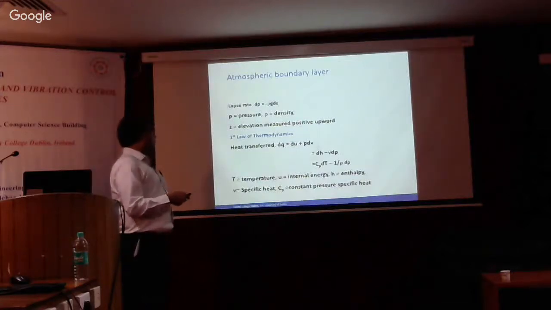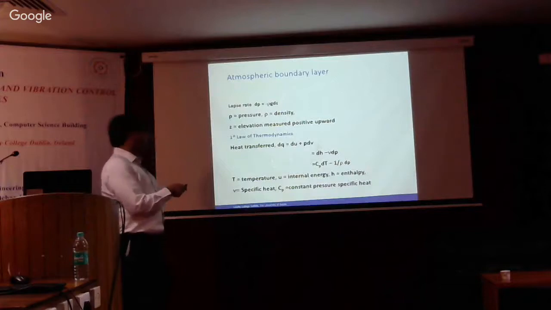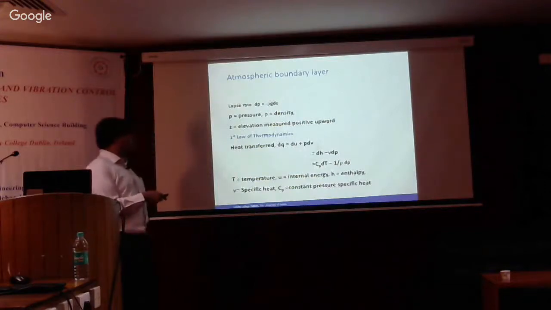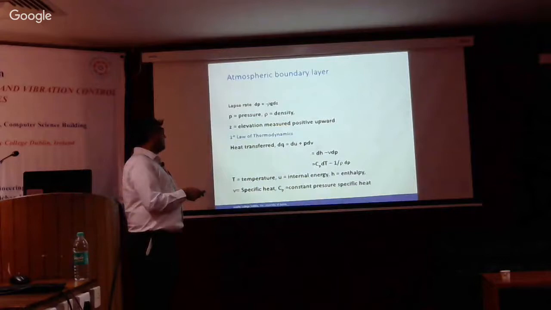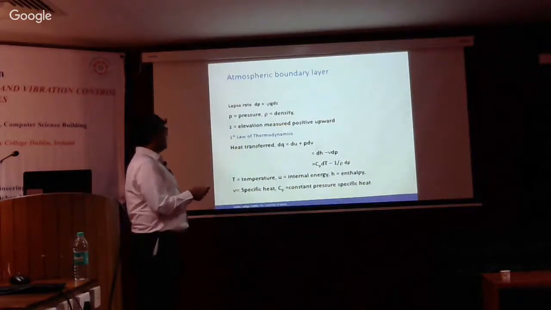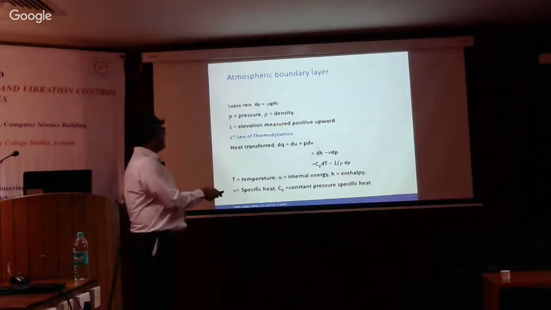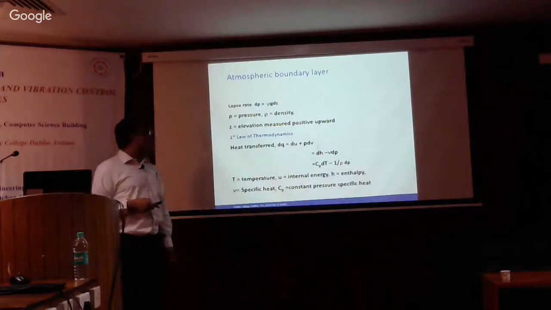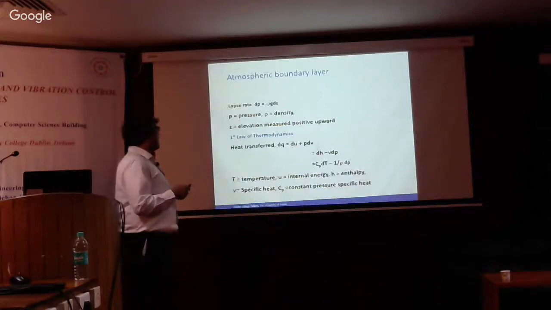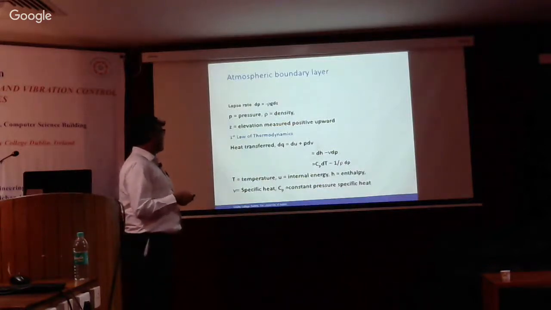If we assume adiabatic conditions, dq will be equal to 0. So that means we can get a relation between dT and dp. Now we know dp, or the lapse rate, from here, so we can substitute this, and that gives a variation of dT with respect to dz.